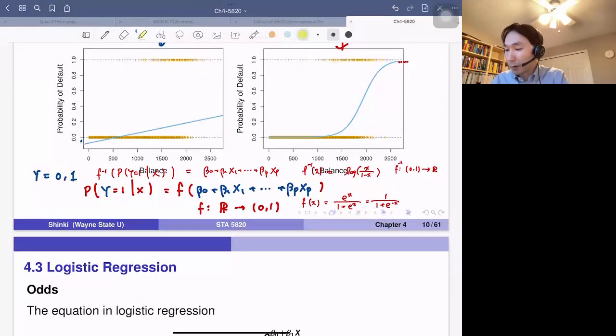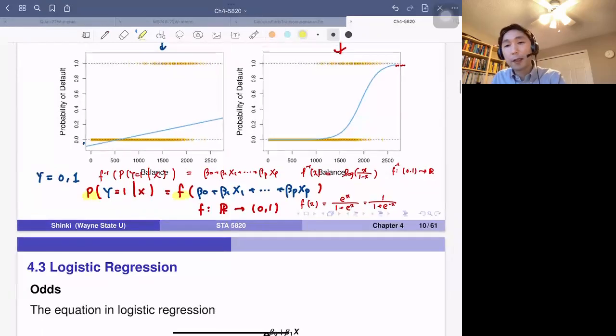One notable difference is that we have f, and also that we consider probability, so we don't have an error term. Probability is a kind of expectation, so we can say this is the expectation of y.